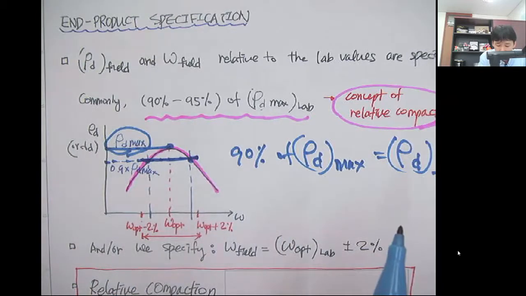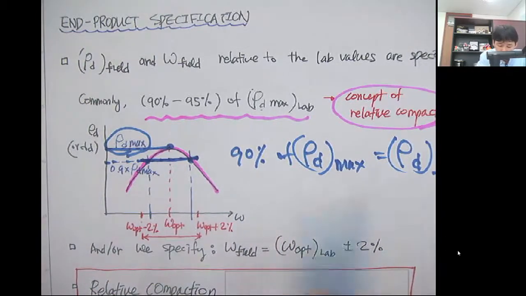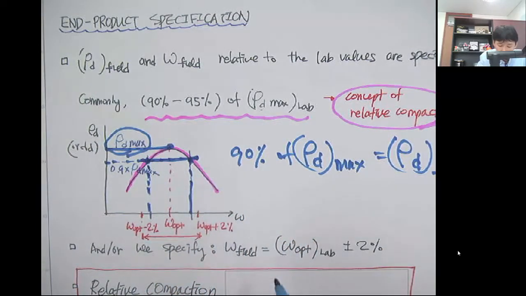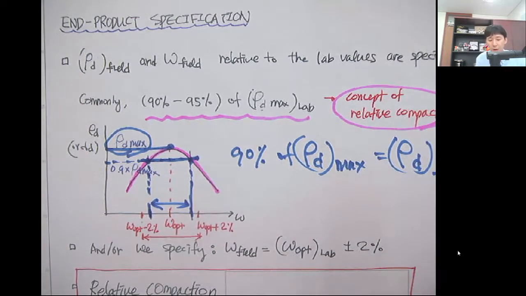This will be the minimum dry density they have to achieve. And to achieve this dry density, they have to control the water content within this range. Otherwise, for the given compactive effort, they will not be able to achieve the dry density.